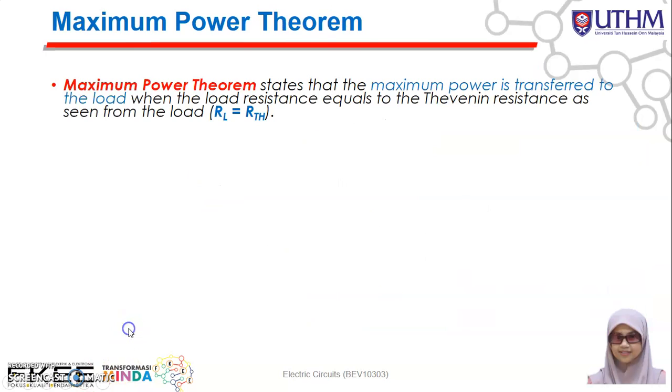According to the definition of the theorem, it states that the maximum power is transferred to the load when the load resistance, which is RL, is equal to the Thevenin resistance, which is R Thevenin. So in this case, RL equals R Thevenin. When your RL is equal to R Thevenin, the power absorbed by the load is the maximum.